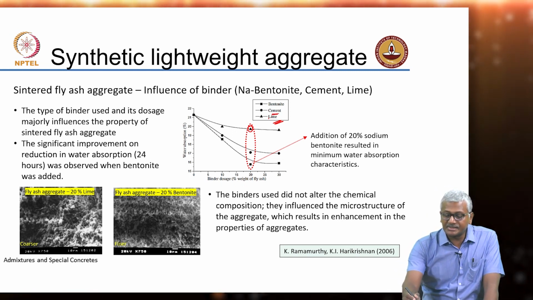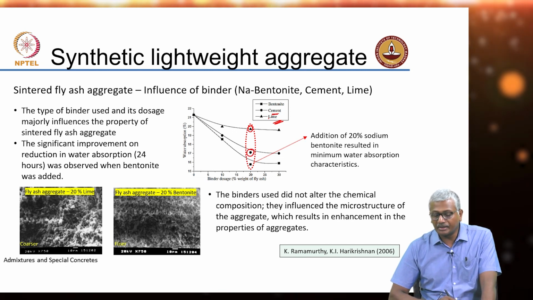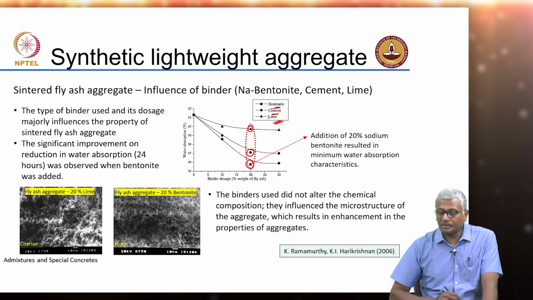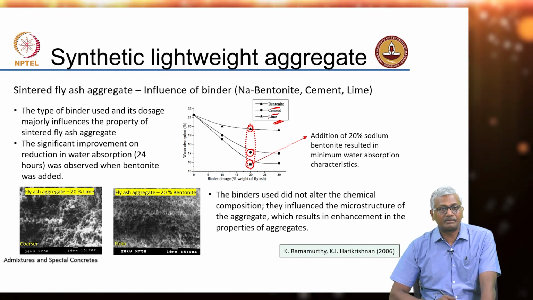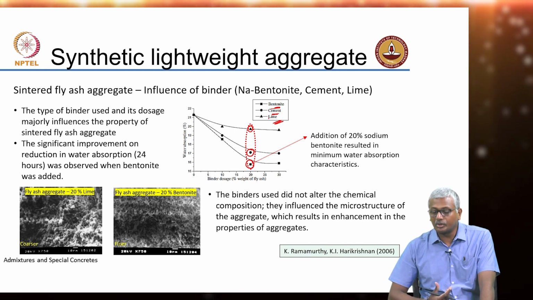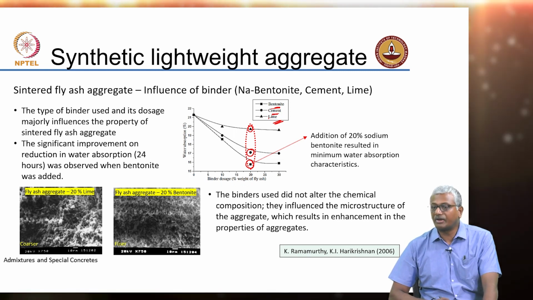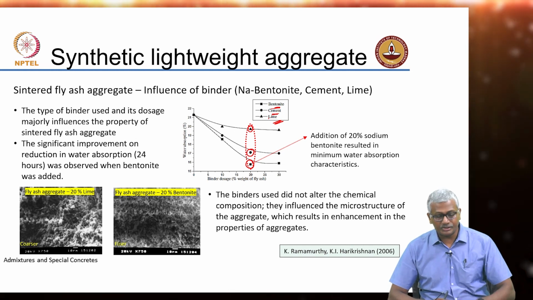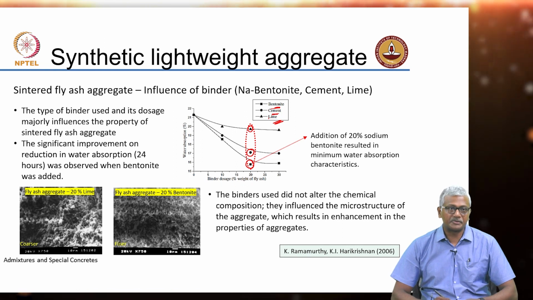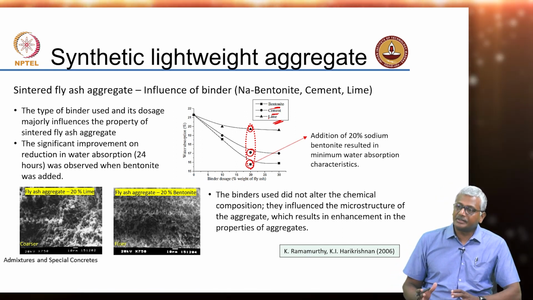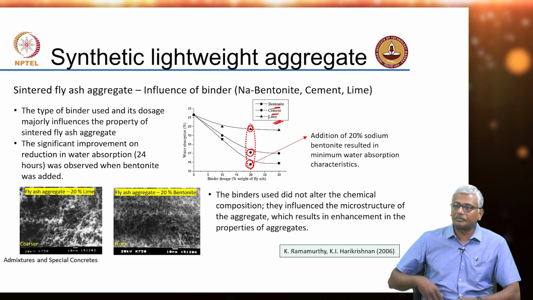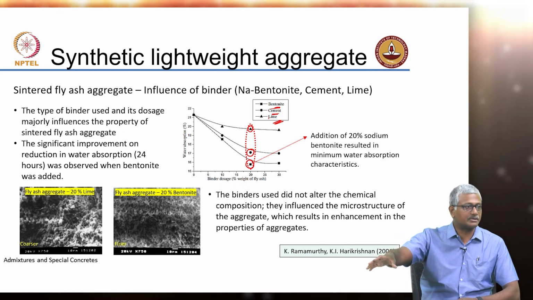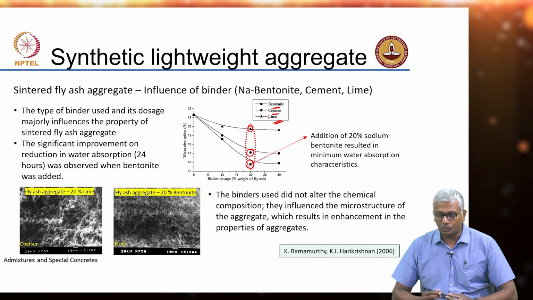If the binder is cement, you are lowering it to a certain level, but bentonite seems to work quite well in terms of water absorption characteristics. You are adding about 20% sodium bentonite to the fly ash and then causing pelletization and then sintering this material, and that leads to a significantly low water absorption. So, type of binder that is used to pelletize, because you need some glue, no, to keep the fly ash particles together to make the pellet, and then these pellets are sintered, and then you get the properties of lower water absorption.